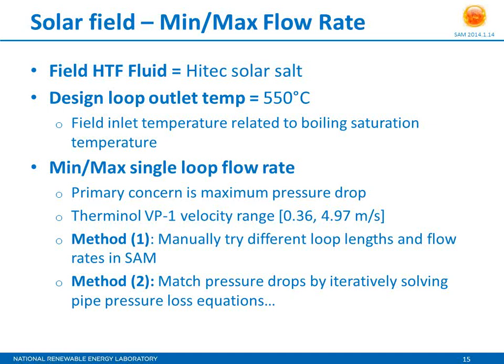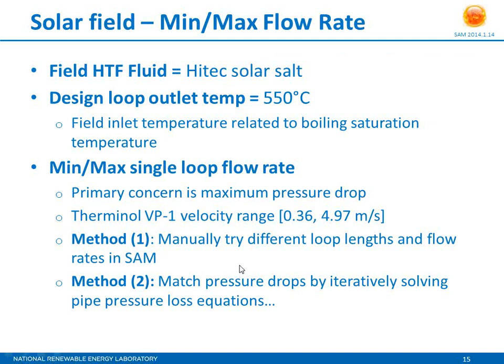So we need to make sure that we design for the pressure limits of the tubes that we're going to be using. In the oil case, the maximum pressure drop across the field is on the order of about 20 bar or 2 megapascal. So going forward, for the same tubes, we'll use the information we already have to try to match our design to keep it below 2 megapascal pressure drop across the field.